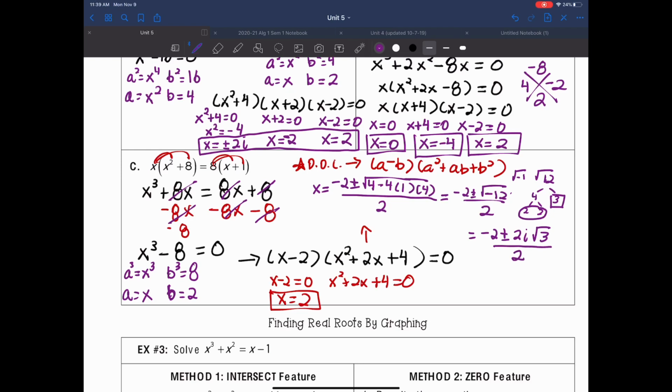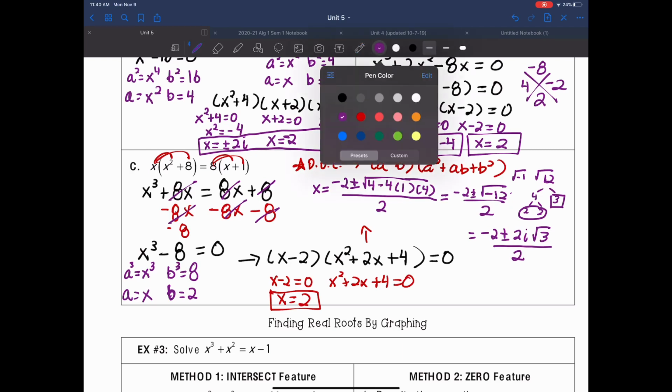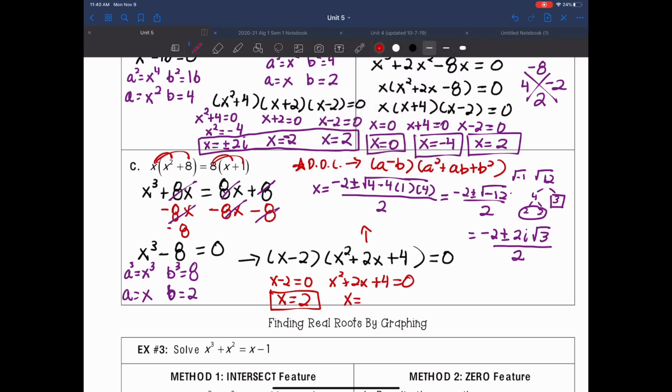Obviously, all three of these terms are divisible by 2. If I pull a 2 out of each of those, I'm left with x equals negative 1 plus or minus i square root of 3.